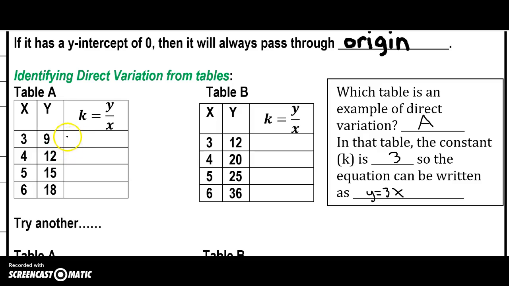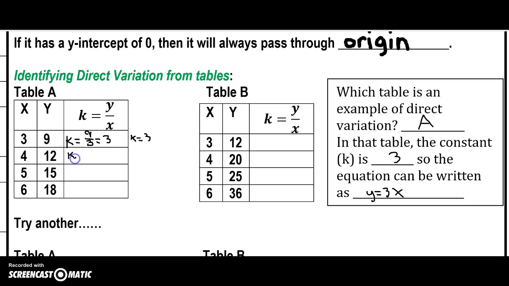So we have k equals y, which is 9, divided by x, which is 3, equals 3. So my k equals 3. That's my slope, the 3.